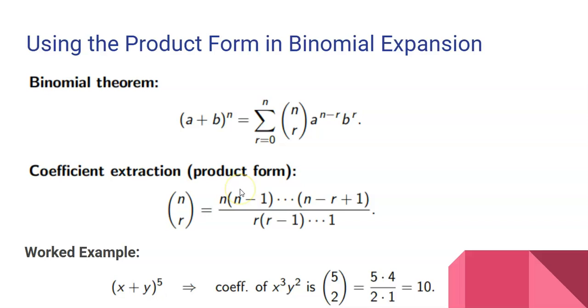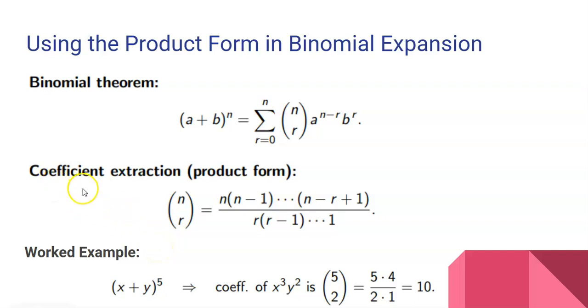Alright, so let's use the product form in binomial expansion. Please take note again and recall the binomial theorem. For the expansion of a plus b raised to the power n, it is a summation of n choose r, a raised to n minus r, b to the r, where r is from 0 to n. And recall the product form.